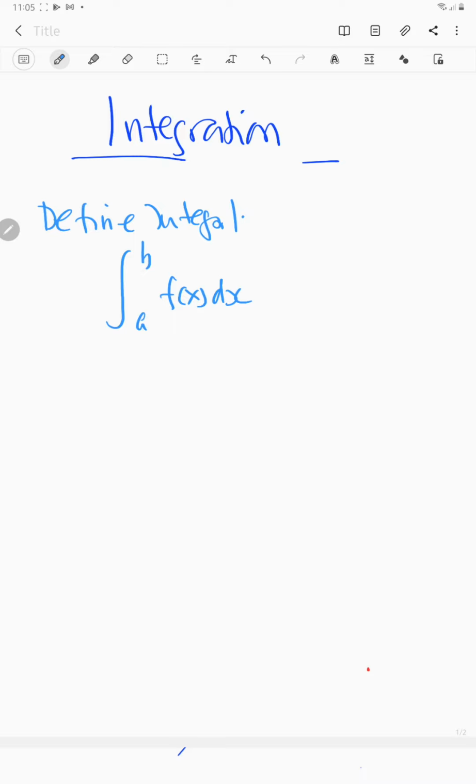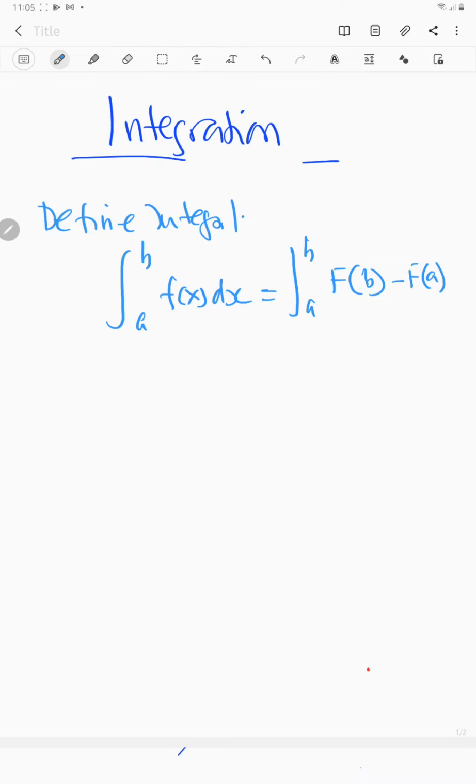And in this case, you look at the limits. Based on the definition, this is F(b) minus F(a), where capital F is the integrated function, evaluated at b and at a.